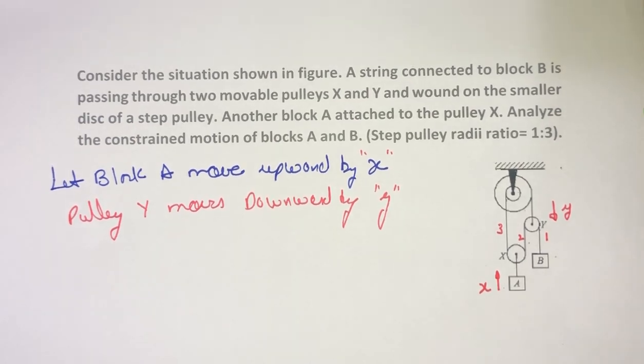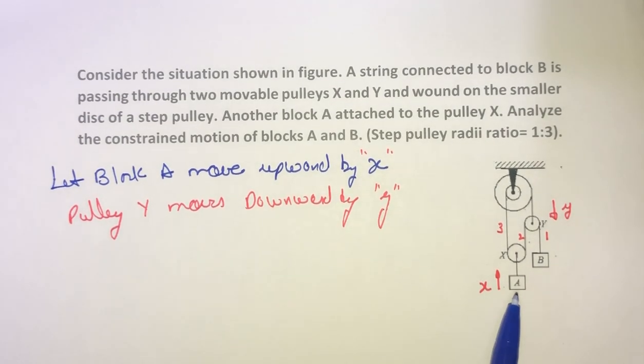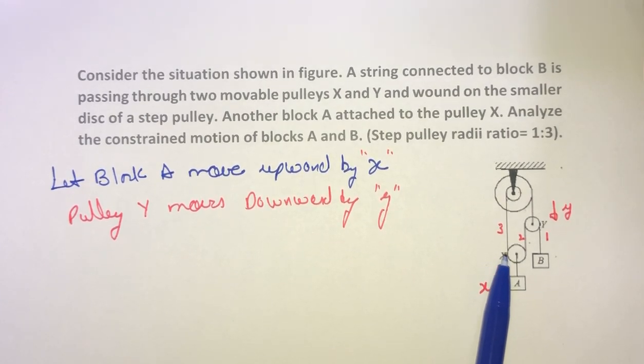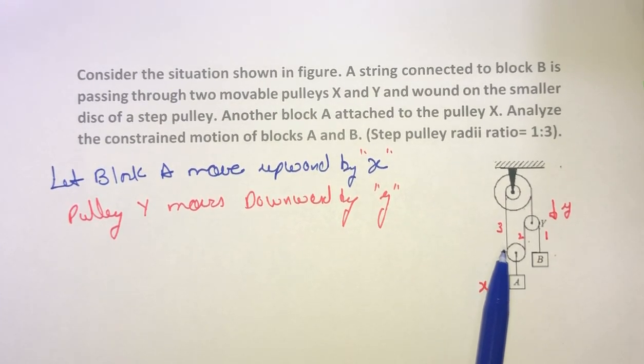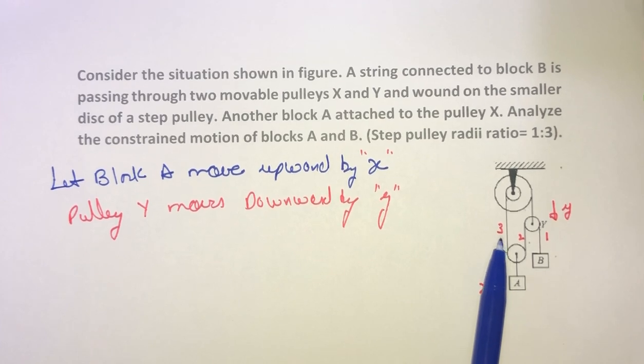Because of the movement of block A in the upward direction, pulley X is also going to move upward, and it is going to introduce a slack in string number 3.